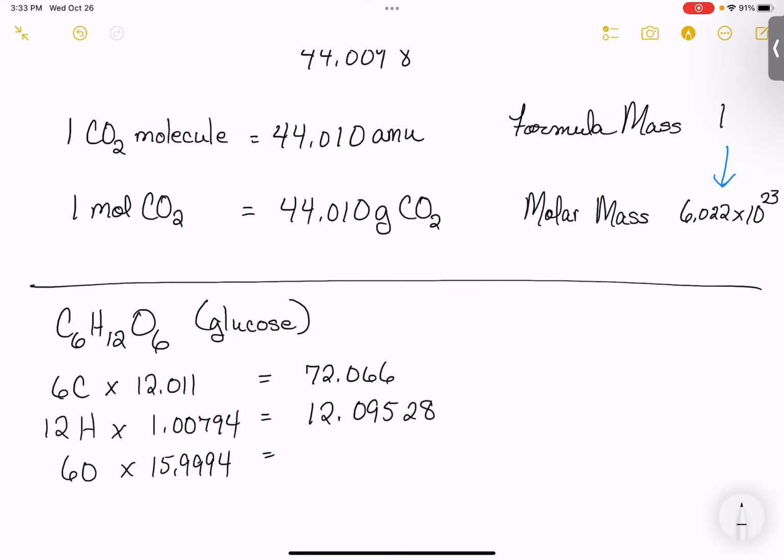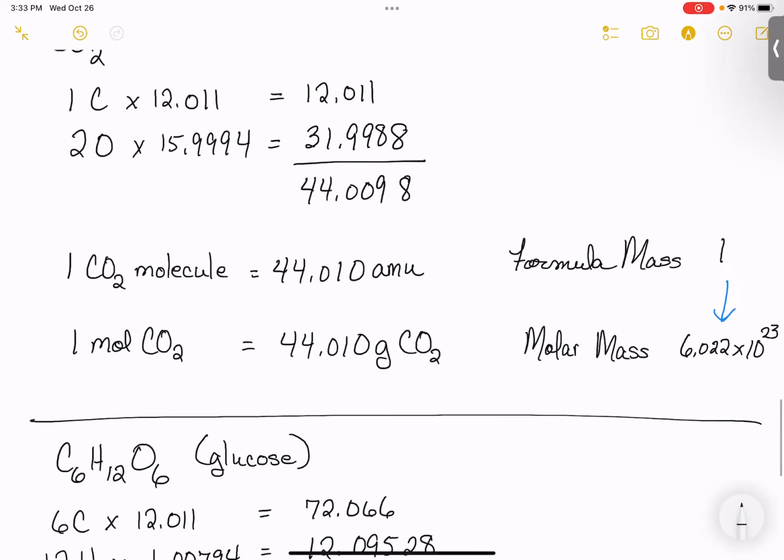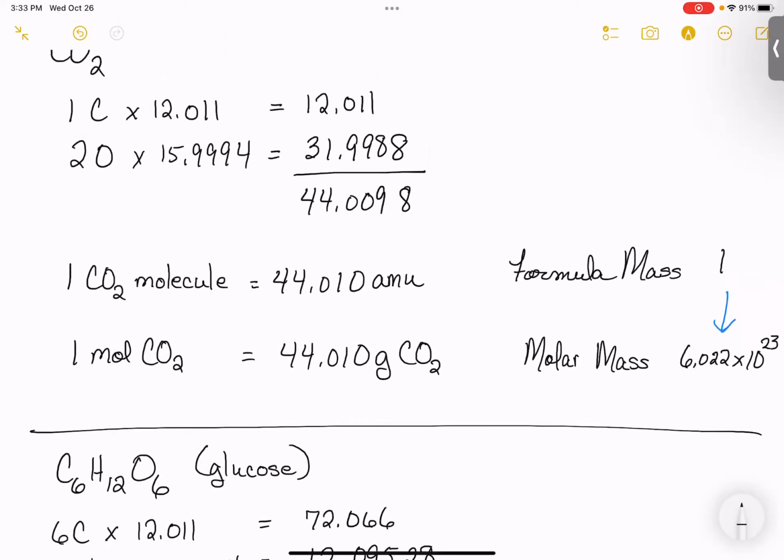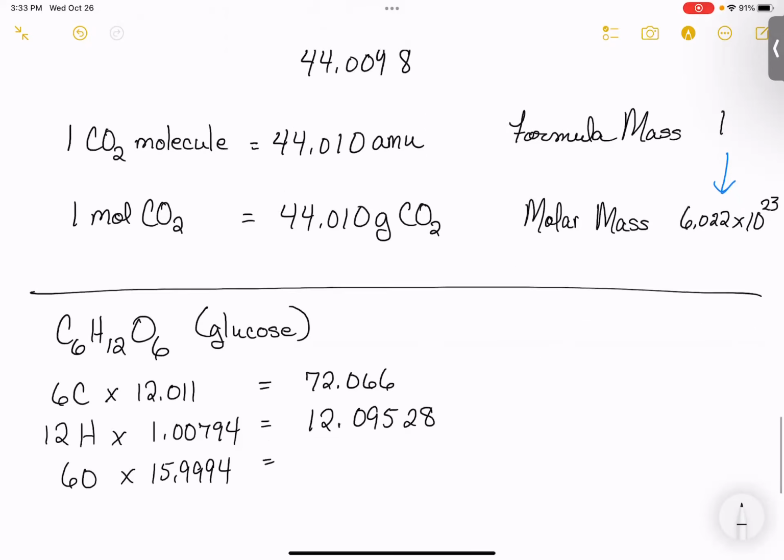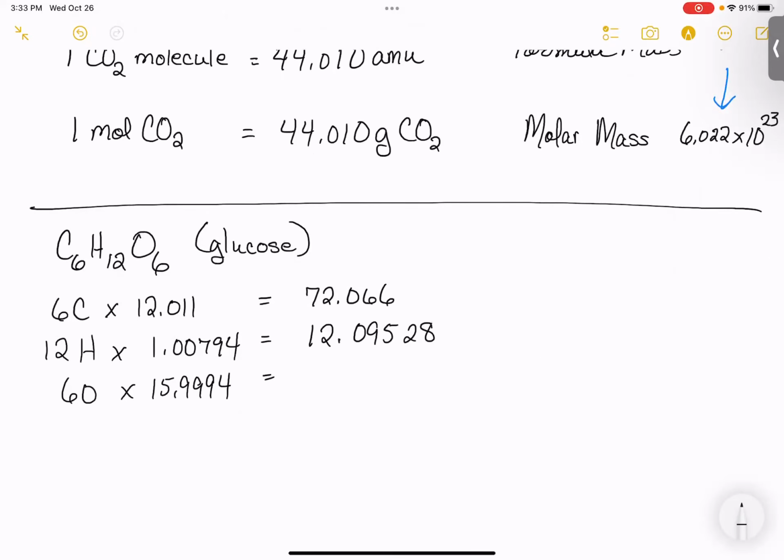And since you have 6 oxygens at 15.9994 each, that means that the oxygens contribute 95.9964 to the overall mass. When you add these together, you get a mass of 180.15768.